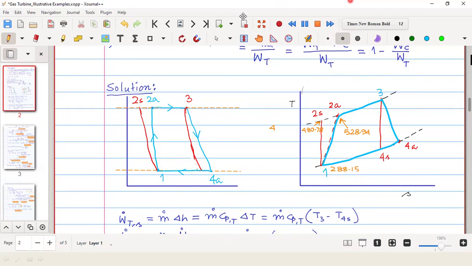T3 has only one value, 883.15. T4S is 566.19. And T4A, we have just determined, is 623.24.